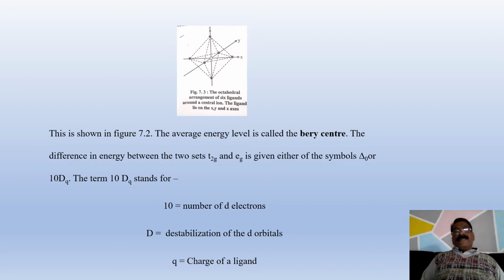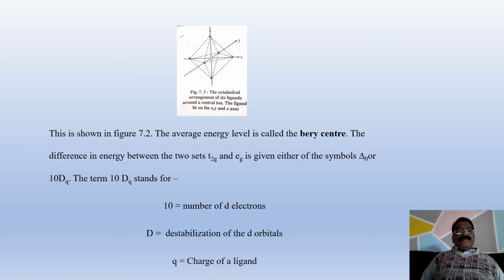That means x, minus x, y, minus y, z, minus z, and at the center there is the metal atom, and thus there are 6 corners and 8 faces. So it is the octahedral complex. The figure indicates this very clearly.